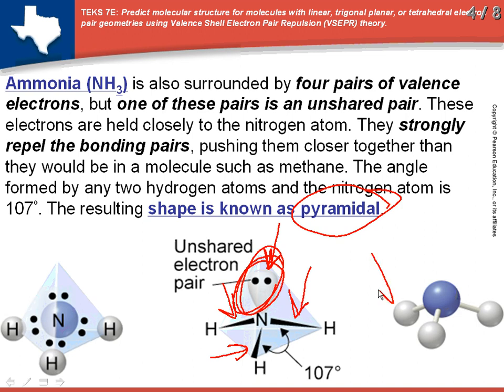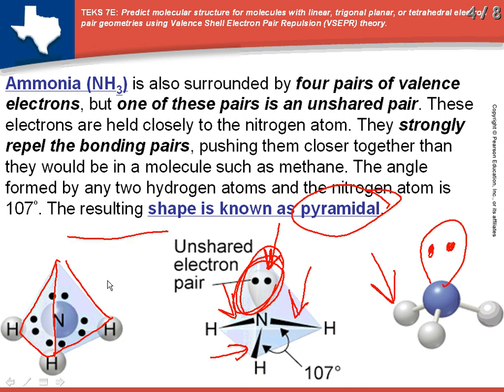So, like bent, we have the 3 hydrogens, or 3 single bonds, being pushed down by the extremely strong push of the unshared electrons at the top. If you look at it, it does kind of form a pyramid shape. That's why we call it pyramidal. Linear formed a line, bent formed a bent shape, pyramidal formed a pyramid shape.